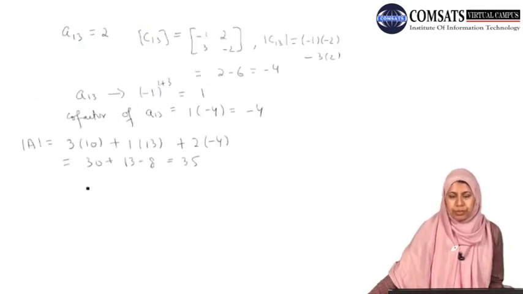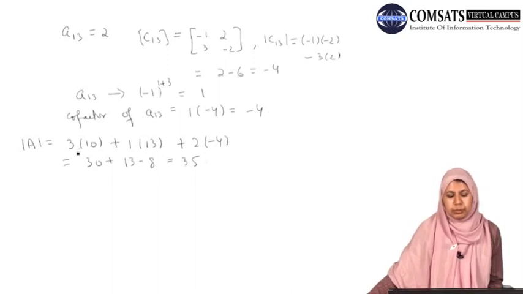Once we have found the cofactors of all the entries, the next step is to multiply the entries with their respective cofactors. Entry A11 multiplied by its cofactor, entry A12 multiplied by its cofactor, and entry A13 multiplied by its cofactor.